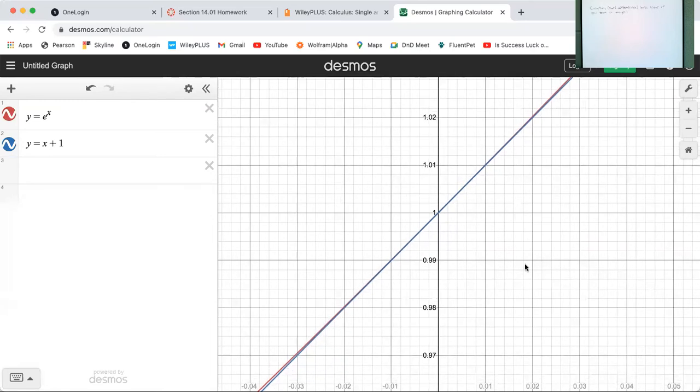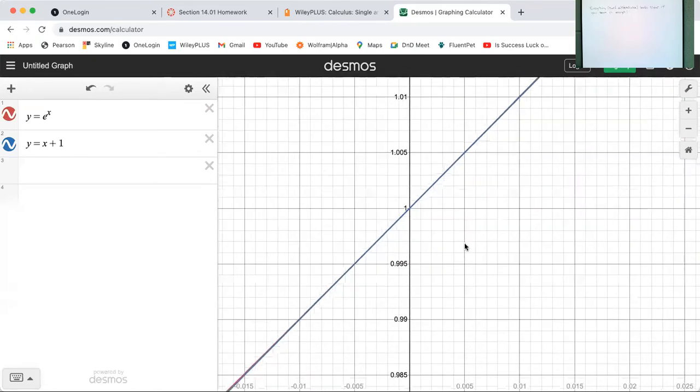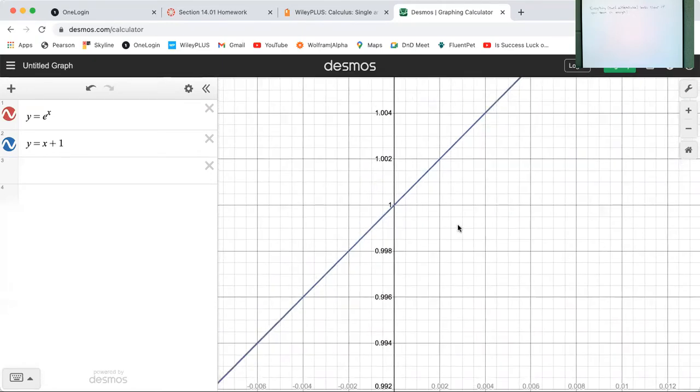Look how close we are. And even with this high resolution, super high tech computer monitor, between negative 0.01 and 0.01, the graph and the function look the same. Even though e to the x is most definitely not a linear function, if we look close enough, it looks linear. If we zoom in close enough, things look linear.